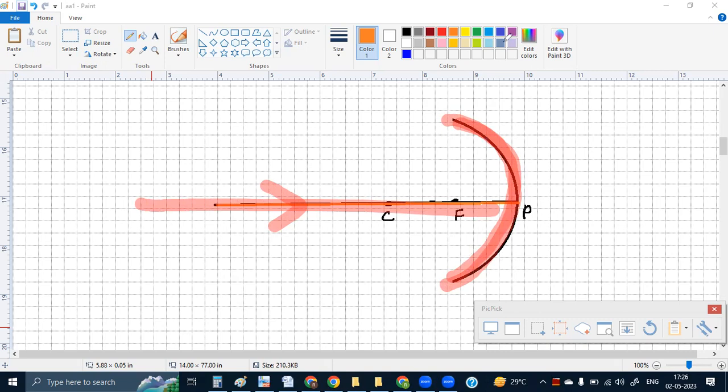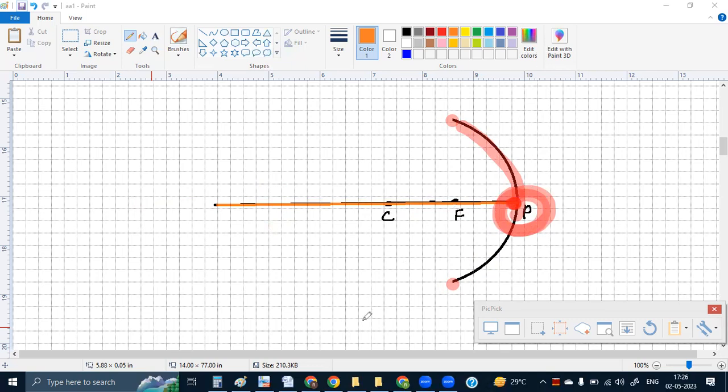The first definition: the center of this mirror, which I'm marking, is labeled as point P. It is the center between the upper point and the downward point. The middle of these is point P, which is known as the pole of the mirror.